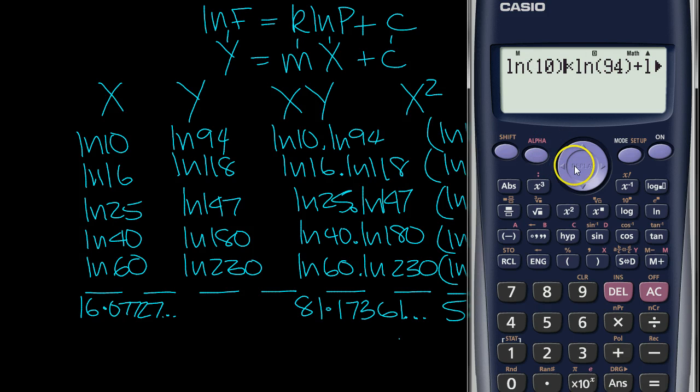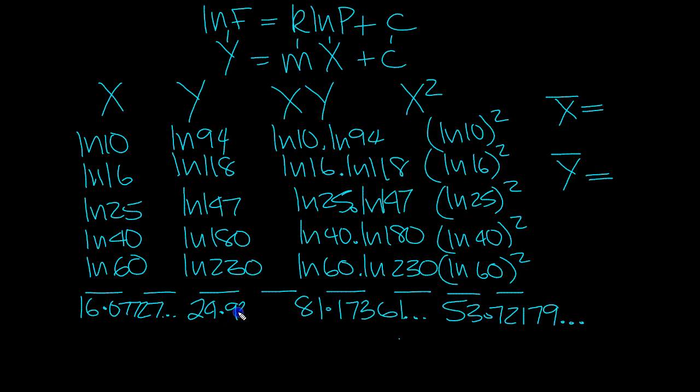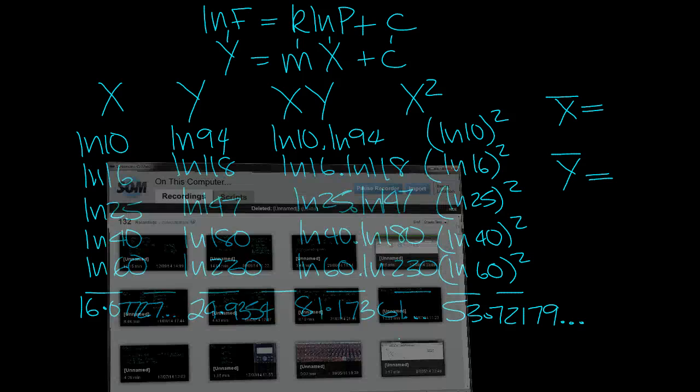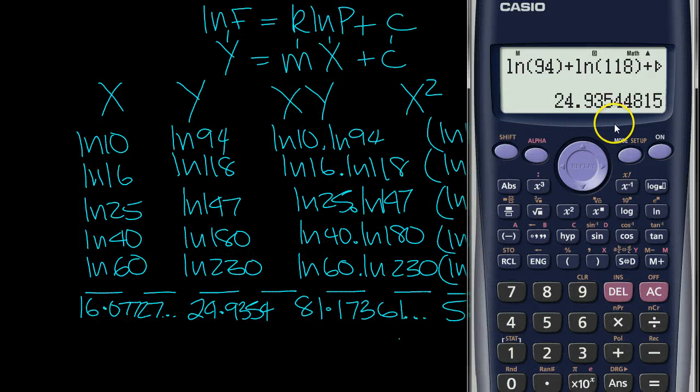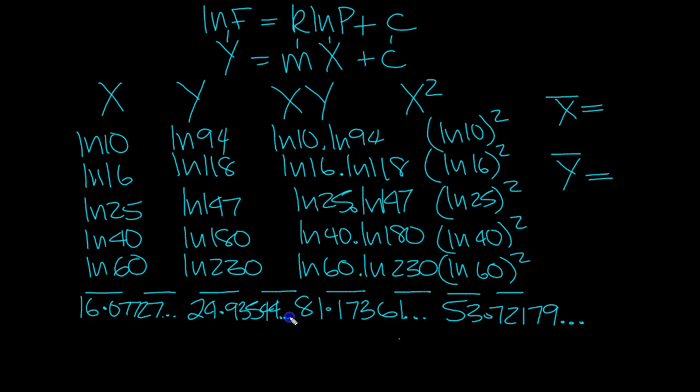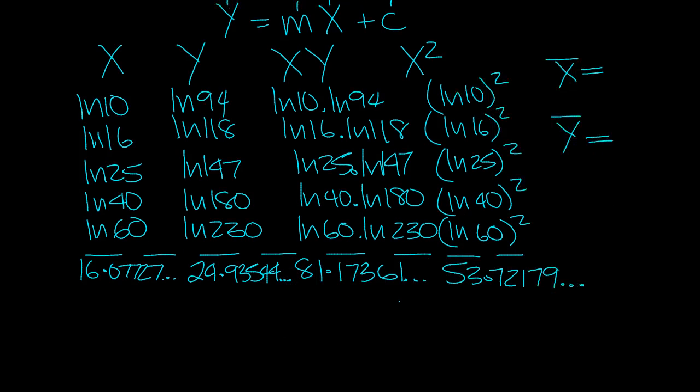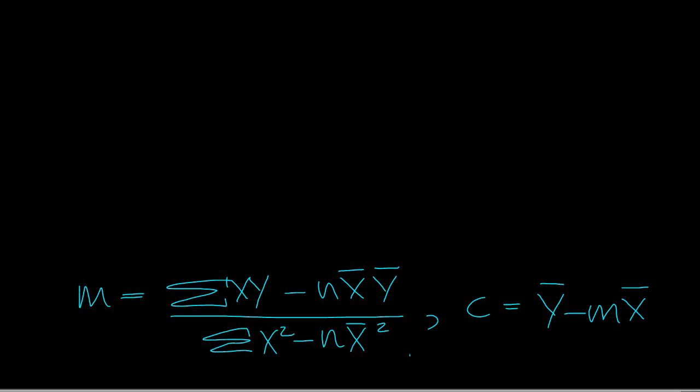But anyway, I've used the original template, so hopefully there'll be some method in this. Okay, ln 94 plus ln 118 plus ln 147 plus ln 180, and we've double checked it, equals 24.9354. Okay, so that's that. Now we need to put it in the formula to get m, don't we, and c.